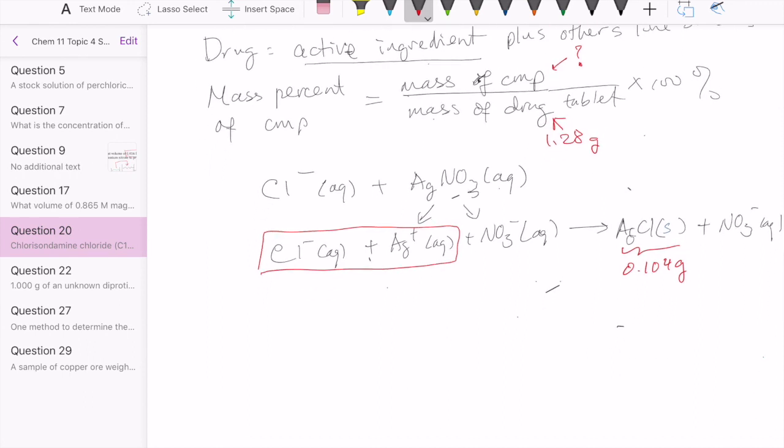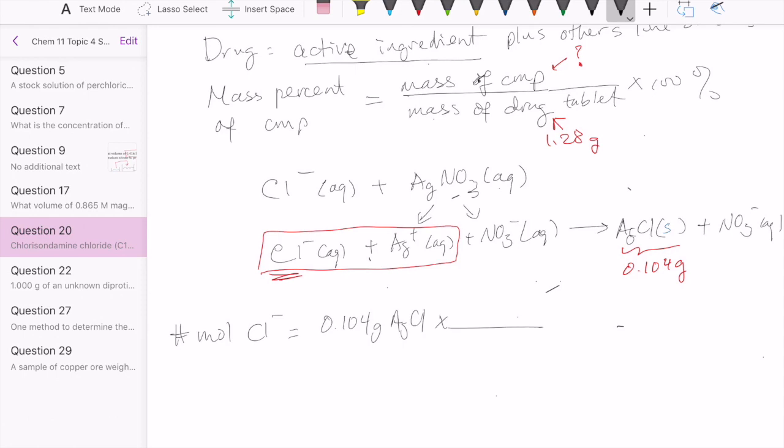Well, from this reaction that we just have written down, we can use the stoichiometry between AgCl and chloride to figure out how much chloride ion we have. So that's fairly straightforward. We'll just say the number of moles of chloride is going to be the mass of AgCl, which is this guy right here.